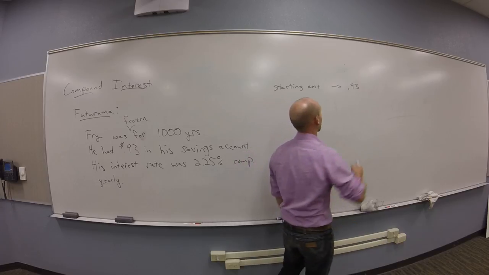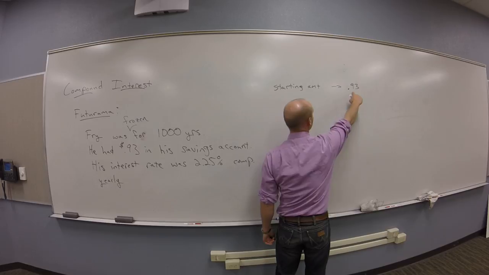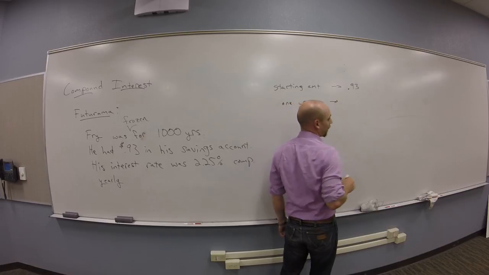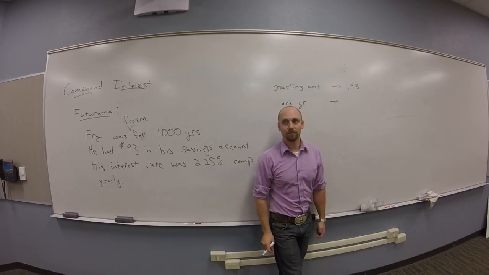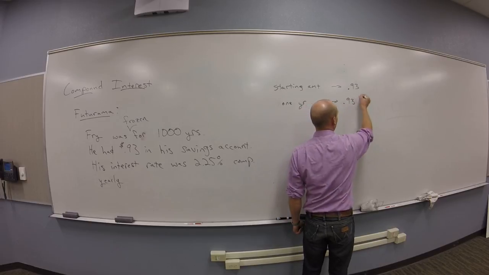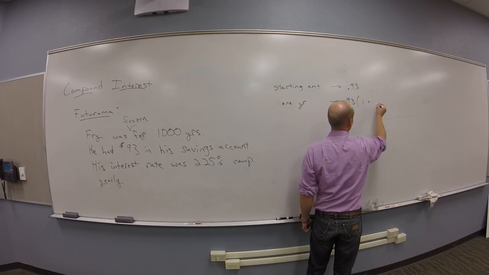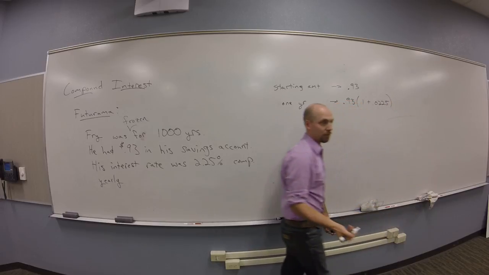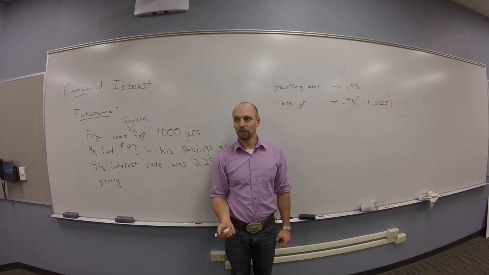Okay, so he had 93 cents. At the 1 year mark, what does he have? 0.93 times 1.0225. Yeah, 0.93 times 1 plus 0.0225, right? You all see that?